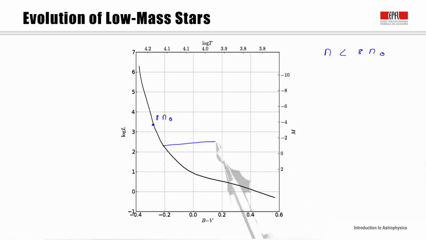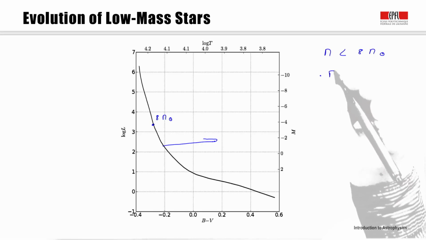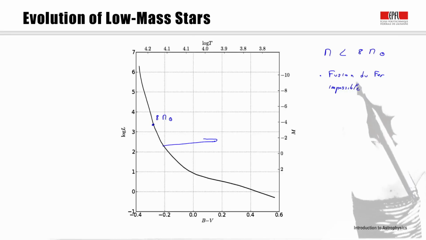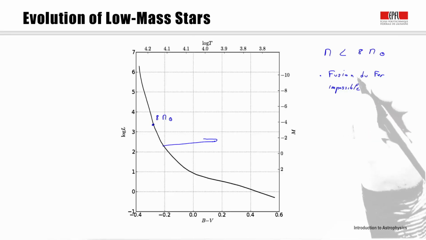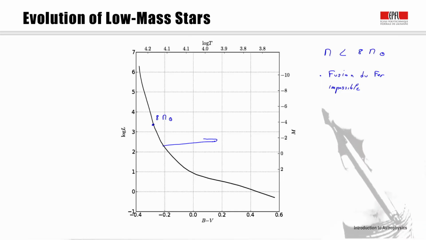Then the external layers inflate and the core contracts, probably up to start a new nuclear reaction, but without going all the way to the iron reaction. Iron fusion is not possible because the mass of the star is too small. Other reactions than hydrogen and helium burning can then start, but without going to the iron reaction.